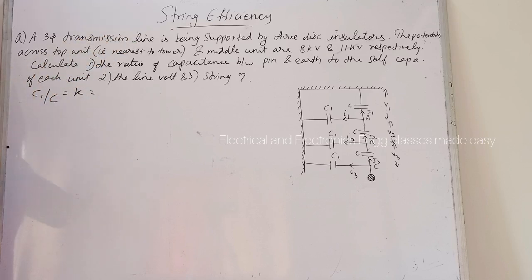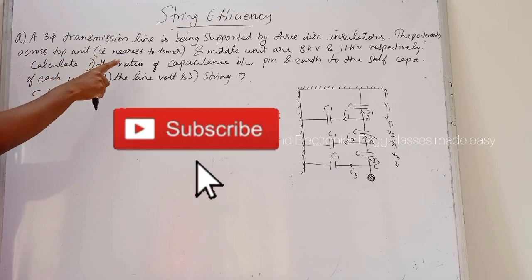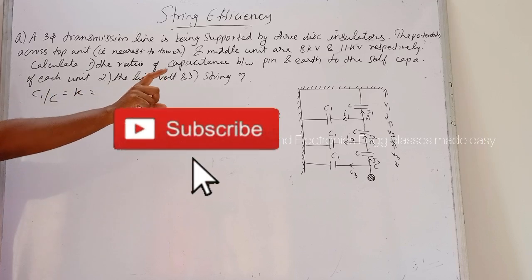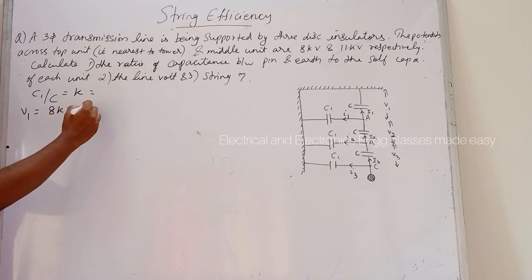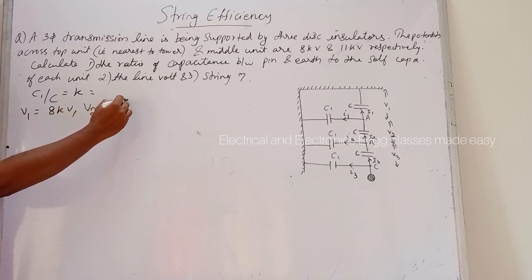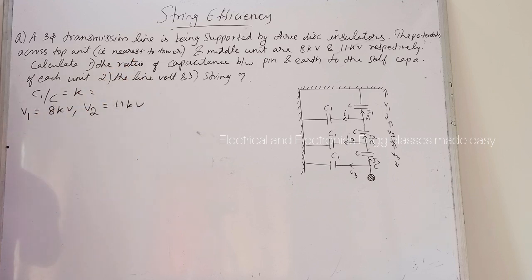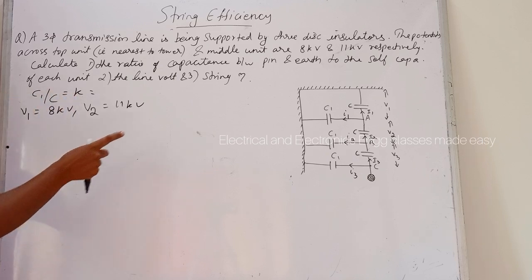So the given parameters are the voltage across top unit and middle unit. Top unit is V1, V1 is given 8 kV, and middle unit, that is V2, V2 is given as 11 kV. So how will you find the value of K?